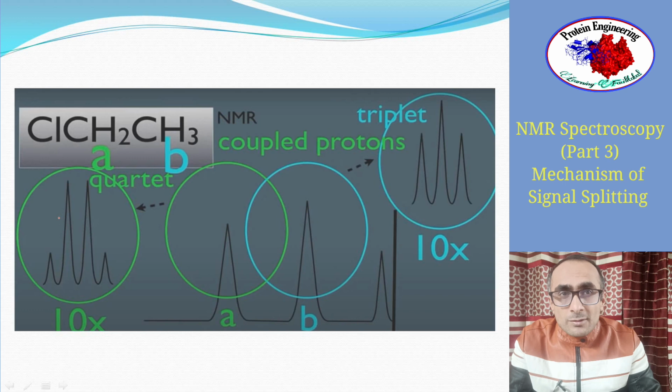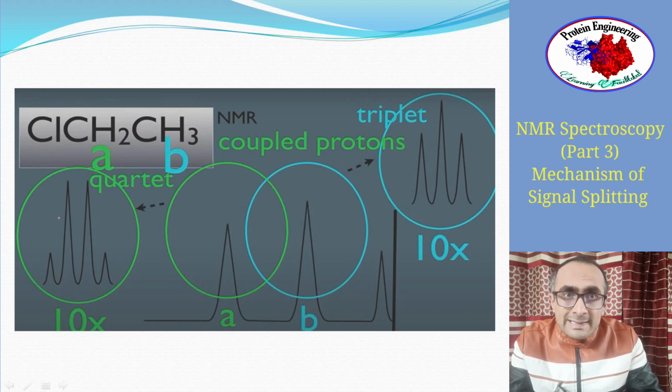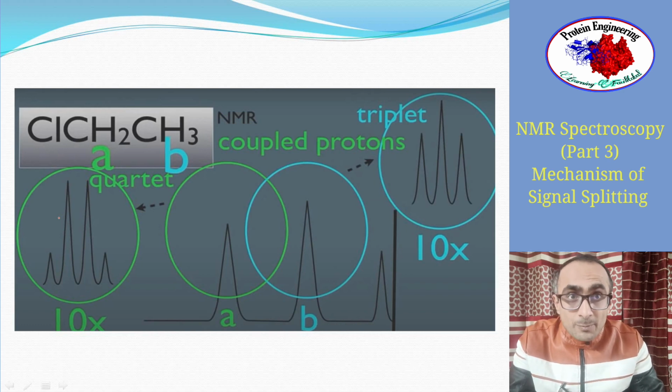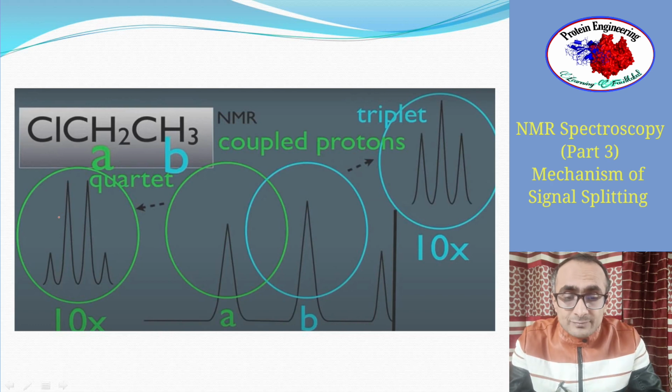In NMR, the compound is kept under an external magnetic field applied from outside. So these protons, which have their own magnetic moment, disturb each other's magnetic properties, and that's called splitting by protons. The protons in the neighborhood split each other's signal. Those protons are called coupled protons.